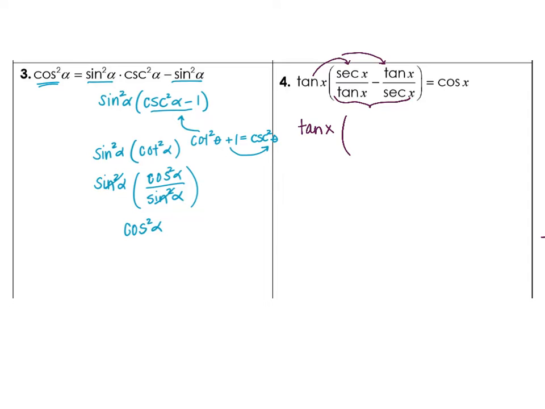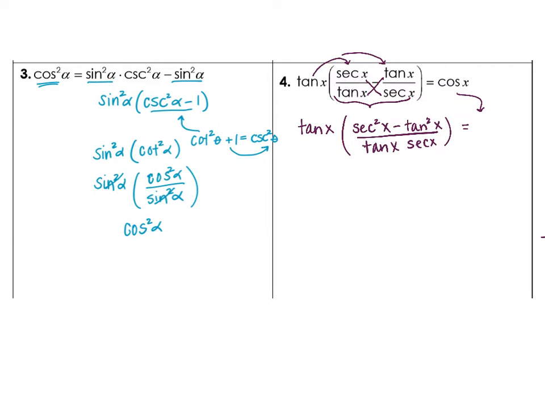There's no rhyme or reason. Inside here, remember, we're going to cross multiply those, so we get secant squared x minus tangent squared x over the product of the denominators, which is going to be tangent x secant x. And again, we have all of that equal to cosine, so it is over there.